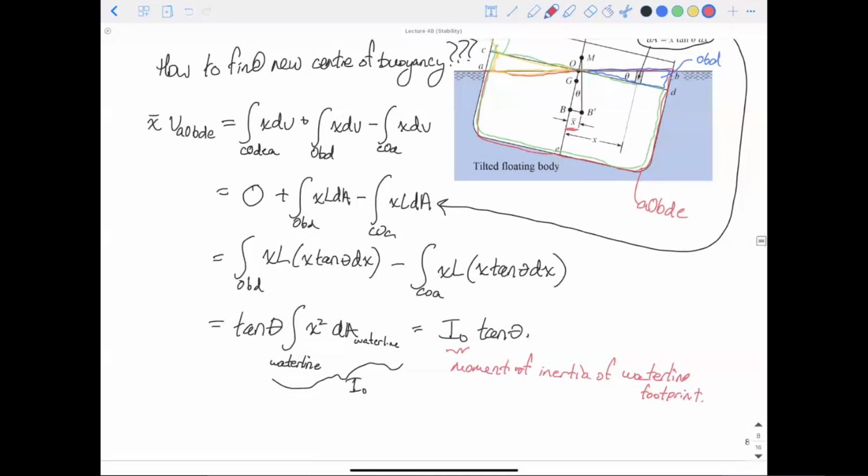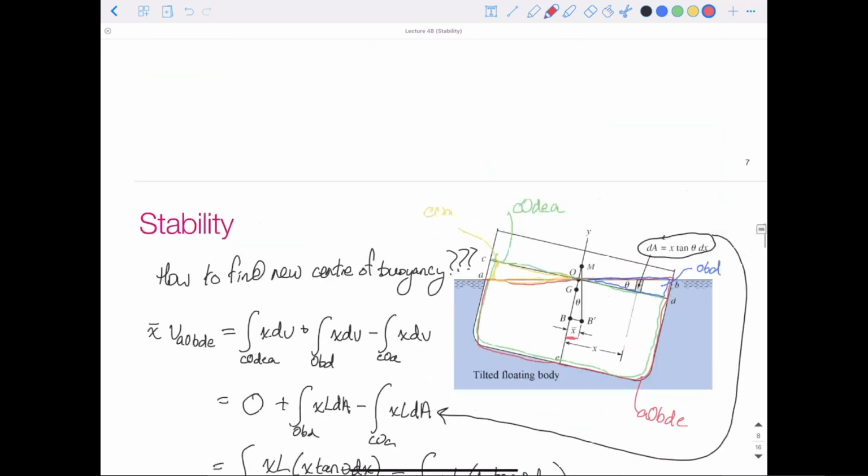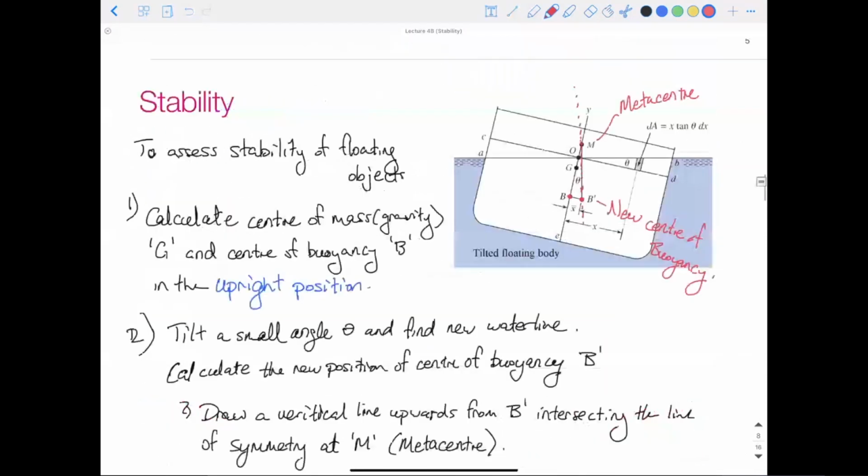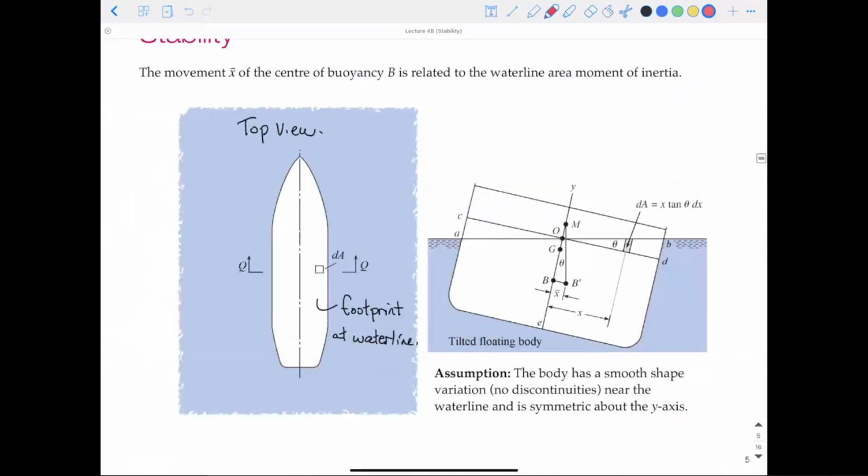So we have our equation x bar times the volume of the submerged region is equal to I0 times tan theta. And we're calculating a moment of inertia.